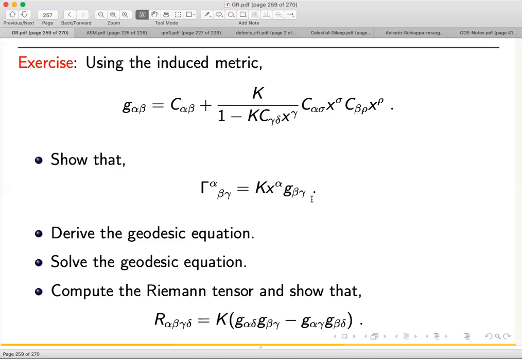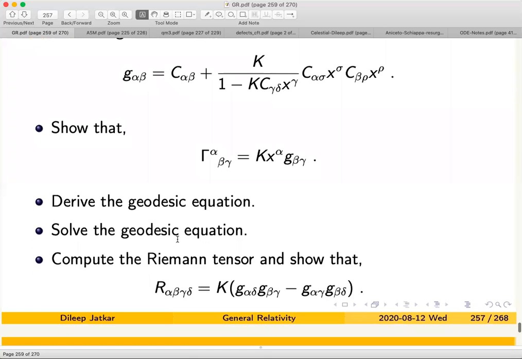Because of that, you should be able to solve the geodesic equation. The other thing which is part of the exercise is, given that you know what gamma is, try computing the Riemann tensor and show that the Riemann tensor actually satisfies this condition.